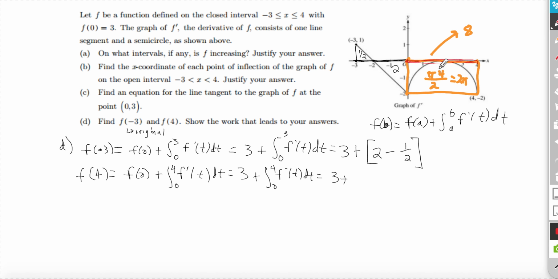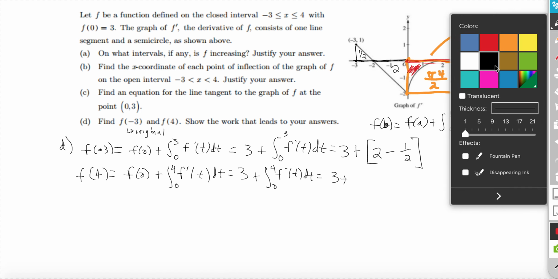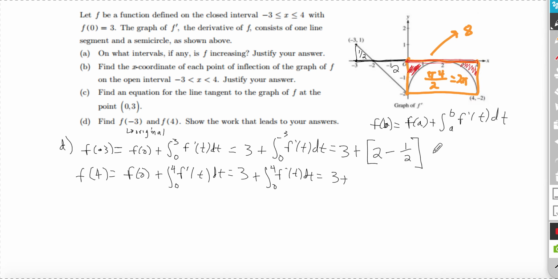So the integral up to there, which is this part, that is between the semicircle and the rectangle, is going to be the value of the rectangle, which is 8, minus the value of the semicircle, which is 2 pi. But notice we are below the x-axis. My areas I'm summing up are below the x-axis, so my signs need to be negative. So it's actually going to be subtracting that amount.